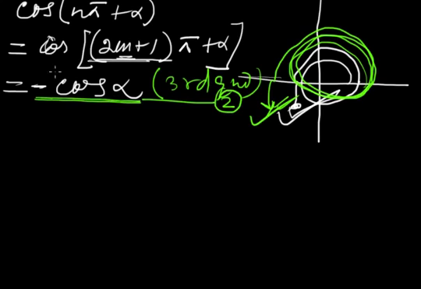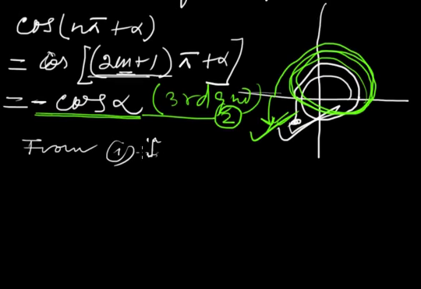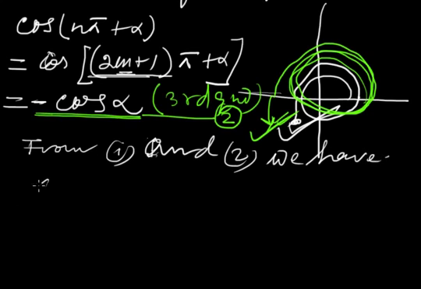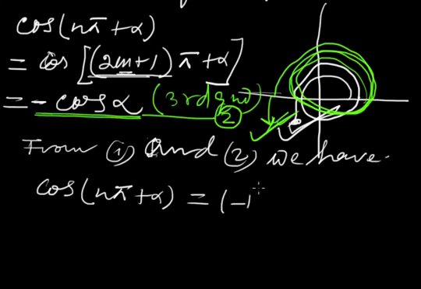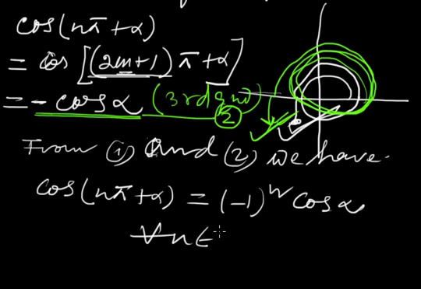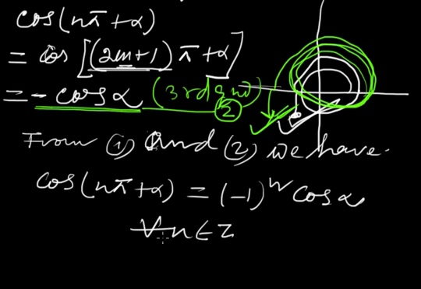So, if we combine these two equations, from equation 1 and equation 2 we have cos(nπ + α) equals (-1)^n cos α for all integer n.